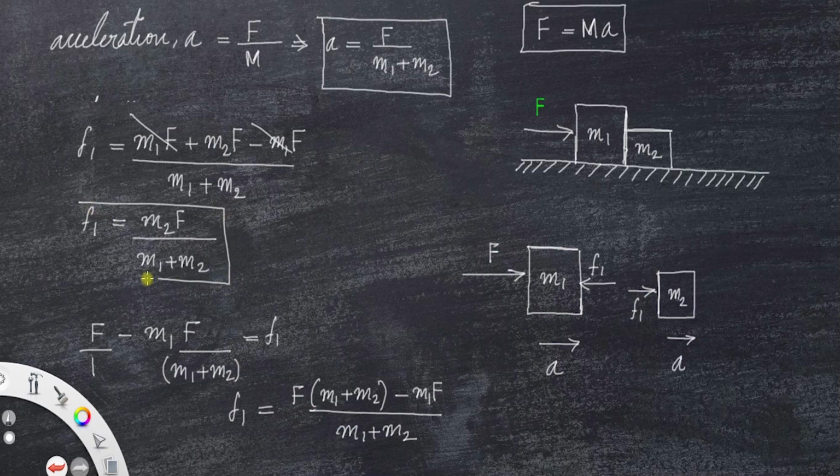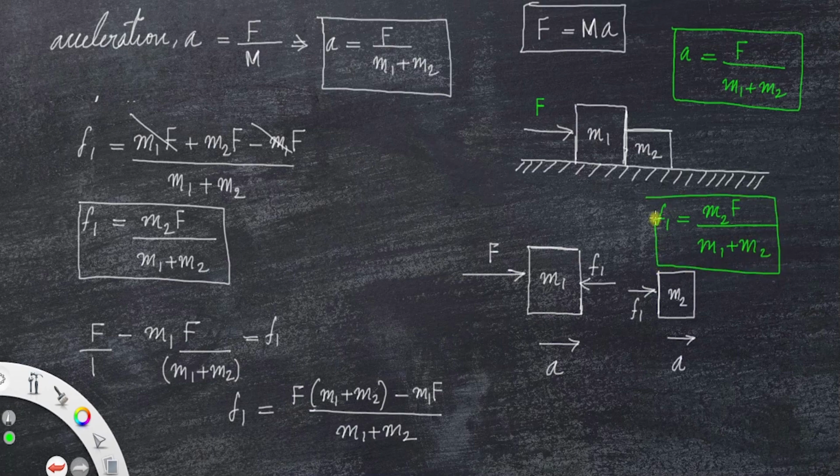Clear? So let me write these two values on the right hand side. We have the acceleration A equal to F divided by m1 plus m2, and the force acting between the masses, that is the action-reaction, which is equal to m2F divided by m1 plus m2. Clear? Now let's take an example.